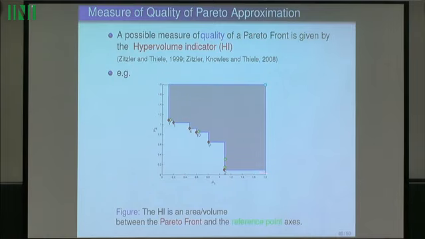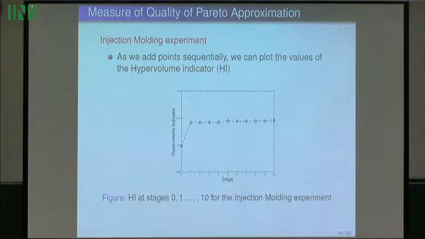So that's a measure of quality in the sense that if I now improve the Pareto front and it's down here, my hypervolume indicator will be bigger. So that's one way of assessing how well you're doing if you're comparing between methods. Okay, so what happened for the experiment we just looked at?